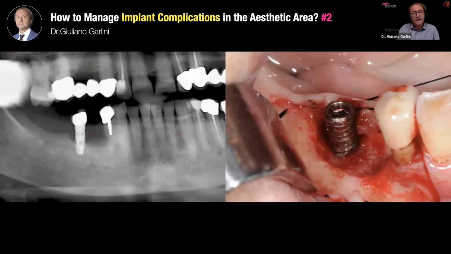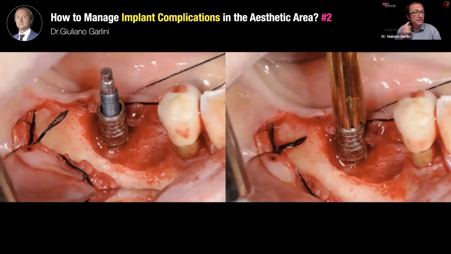And before we start to analyze the situation in the anterior area, I would like to stress your attention to another important topic: sometimes when you see extensive bone loss around your implant, this is not always correlated to a bacterial periodontitis, but sometimes it can be related to an implant fracture that is not possible to see from a clinical or a radiological point of view.